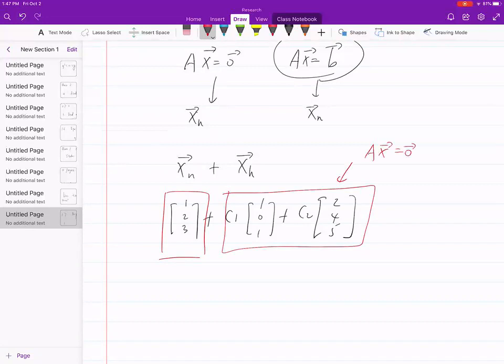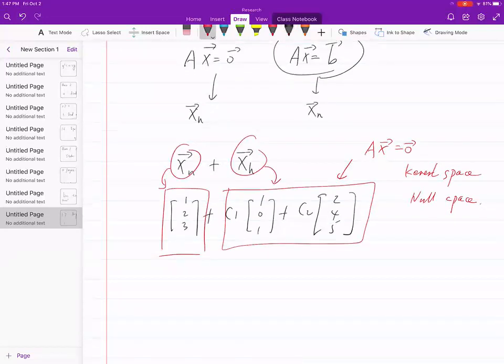Or if you remember, it's called the kernel space, or we call it the null space. Okay, that is what happens for homogeneous, and this is what happens for the non-homogeneous. And then you put them together, that's all the possible solutions. Still okay?